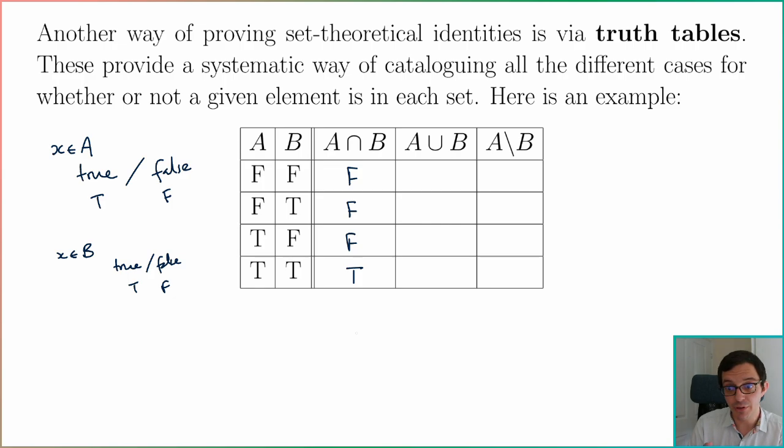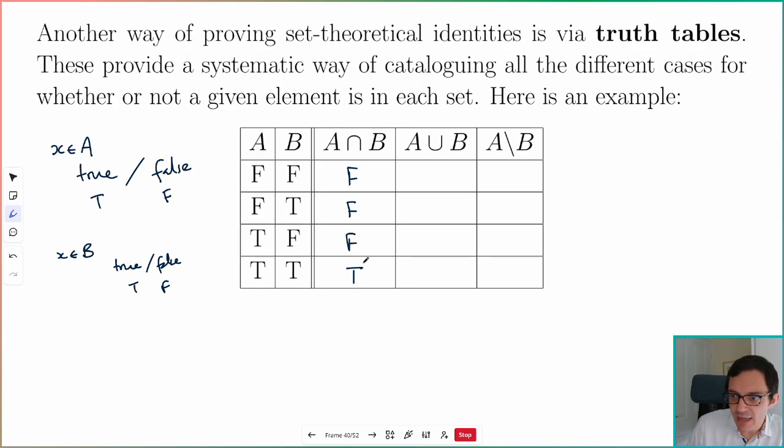It's true that you're in the intersection precisely if it's true that you're in B and true that you're in A. So maybe I should have shown you a truth table for the definition of A intersect B. But here's the kind of different cases in each column.